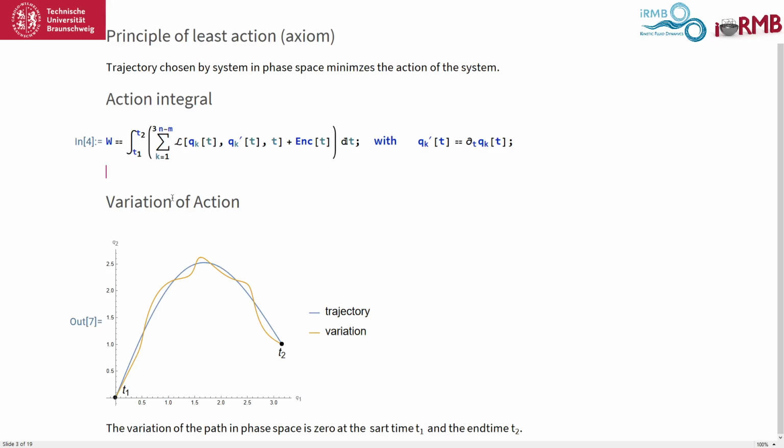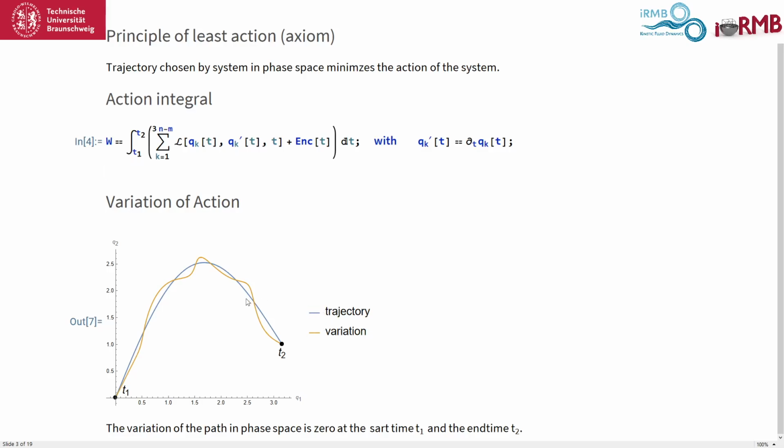Now, in order to see what is the least action, we consider the variation of the action. So we'll take this trajectory.